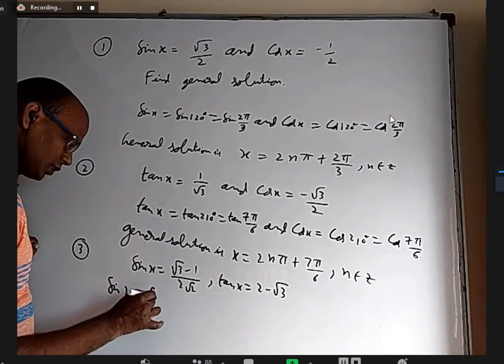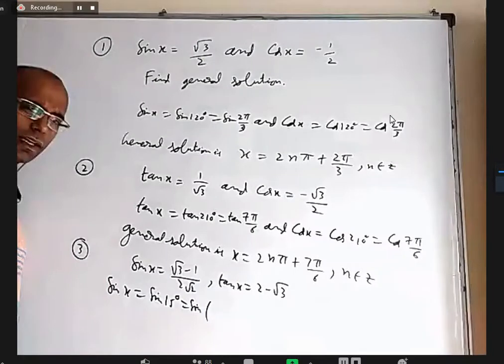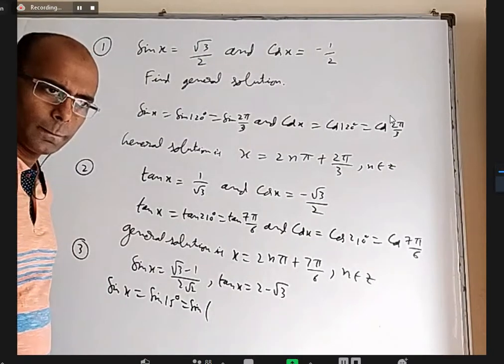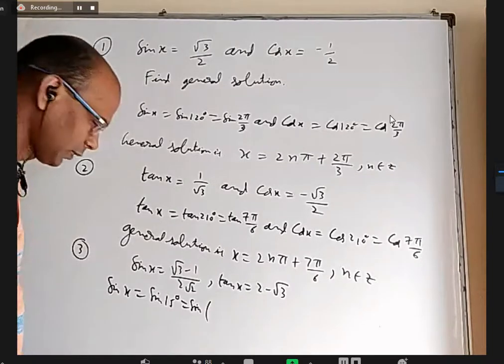So sin x is equal to sin 15 degrees. And then 15 degrees in radians is how much? Pi by 12.